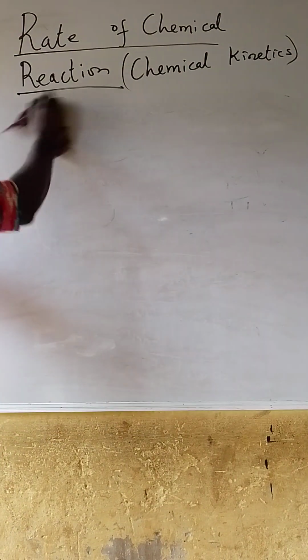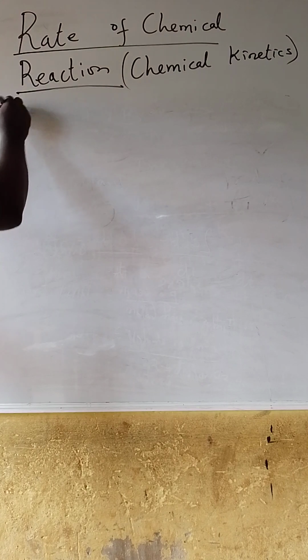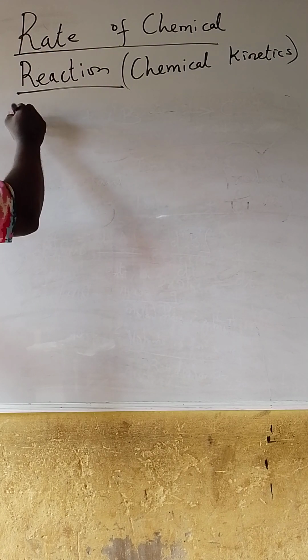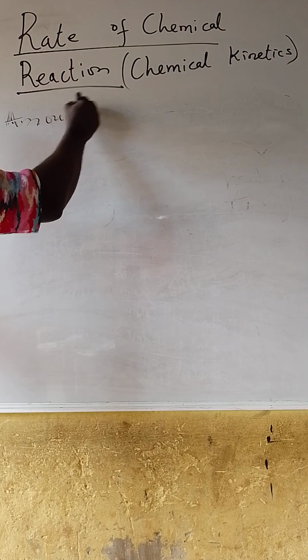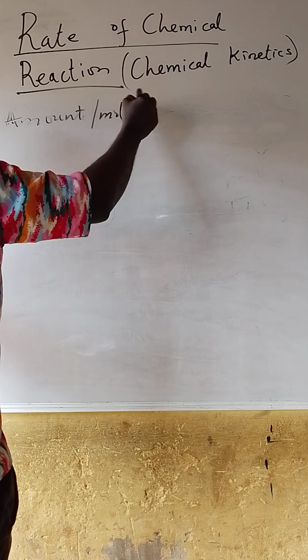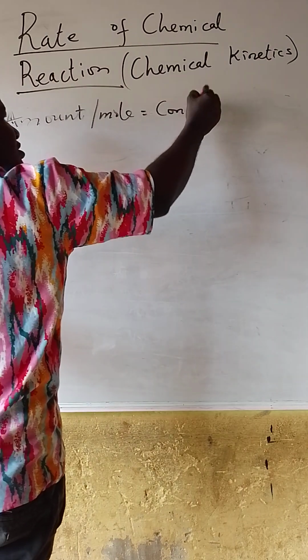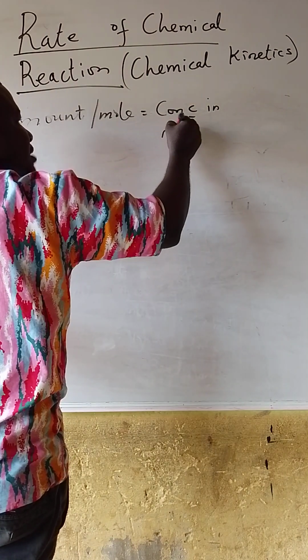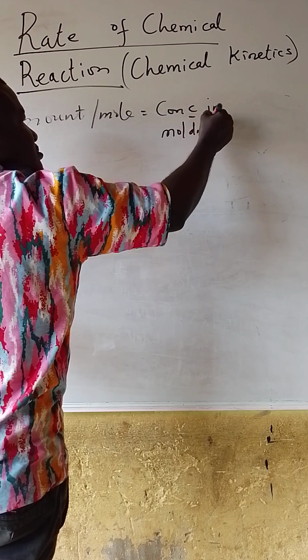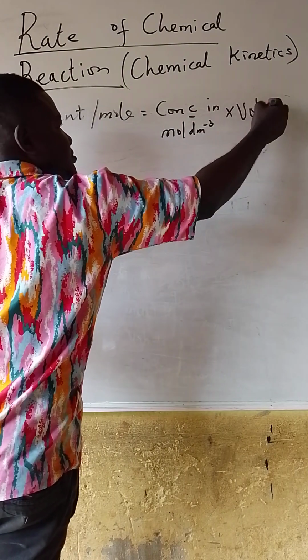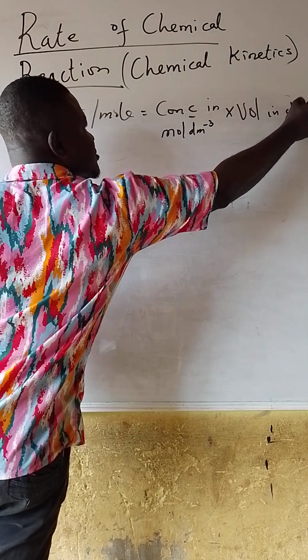The mole or the amount is equal to concentration in mole per dm cube times volume in dm cube.